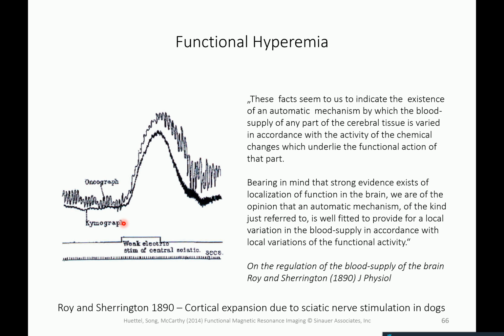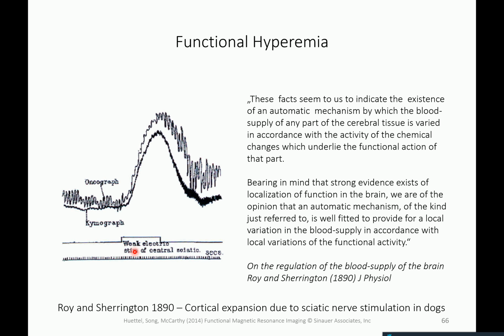So the experiment that is going on here is that I think it's a dog, and the dog is stimulated at the sciatic nerve, and at the same time over the somatosensory cortex there is a measurement of pressure, so that's the oncograph.